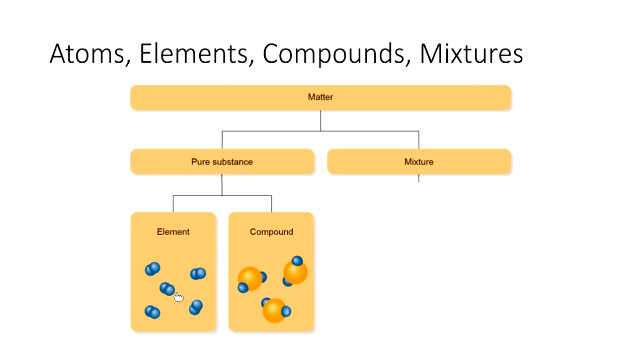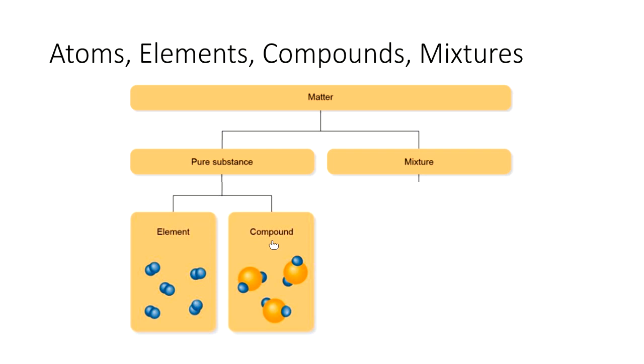Now, if we bond different types of atoms, we are going to call it a compound. The particular characteristic of a compound is that for a specific compound, the atoms are always the same, and they are always combined in the same proportion.